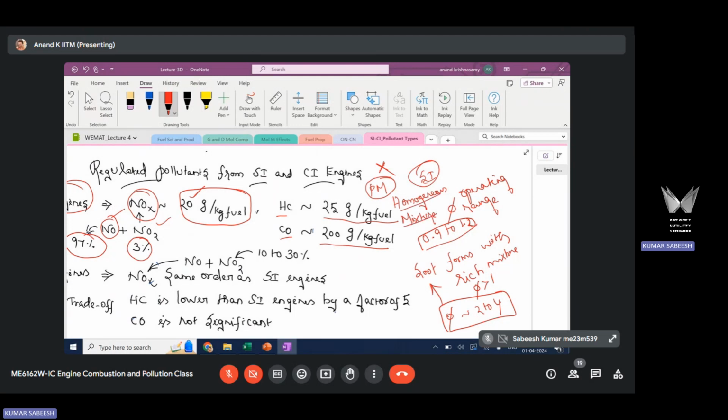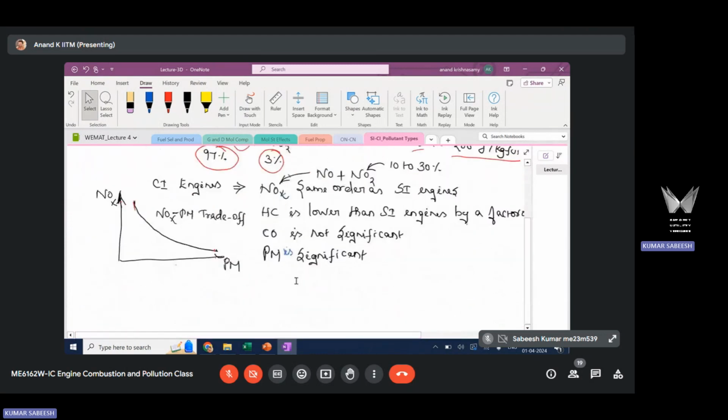In GDI, some heterogeneity will be there, so you will end up with 2 to 4 phi regions which form particulate. In a conventional port injected SI engine, you have longer time for fuel-air mixing, so you have a homogeneous mixture with phi well below 2. That's why you don't have particulate emissions.